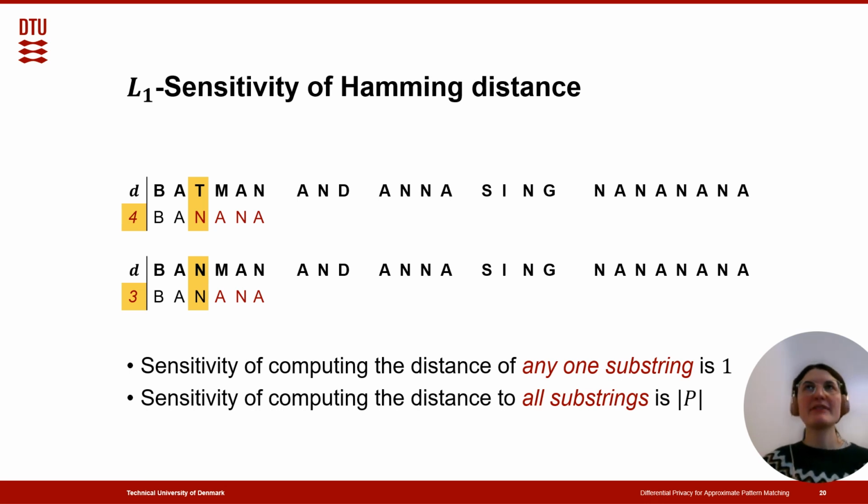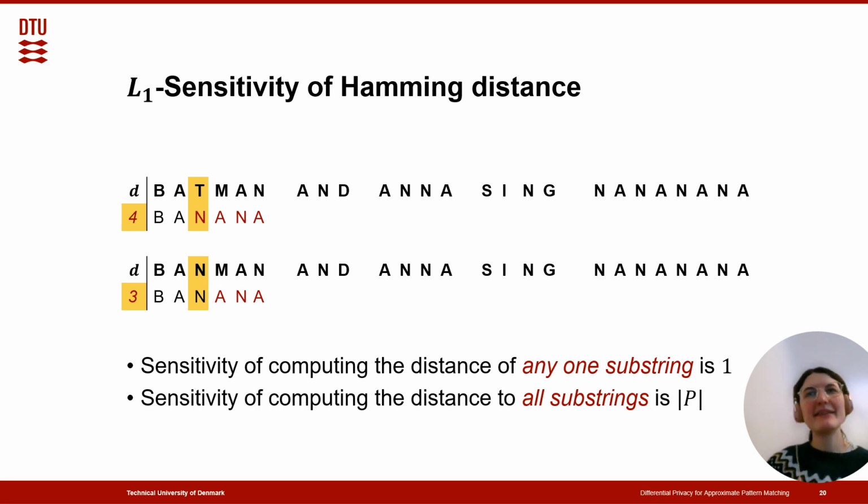Now, the number of positions that two strings of equal length differ in is called the Hamming distance. You might notice that if we could compute the Hamming distance between our pattern P and any substring of S of the same length as P, then we could immediately solve all the problems that we consider in this paper.